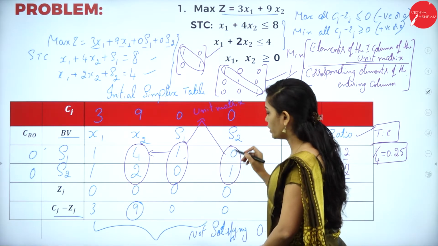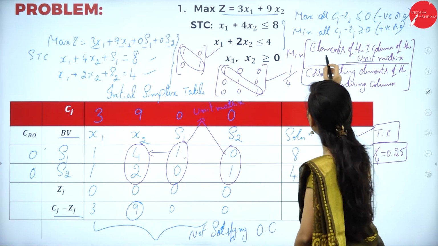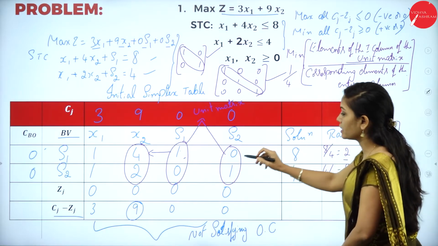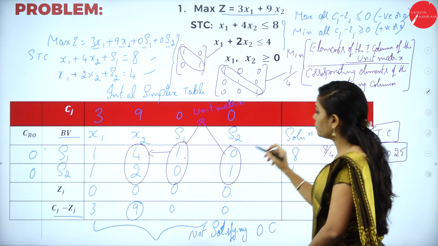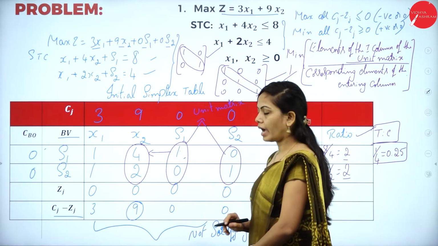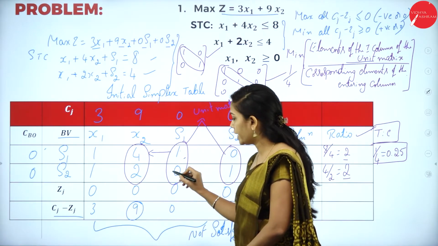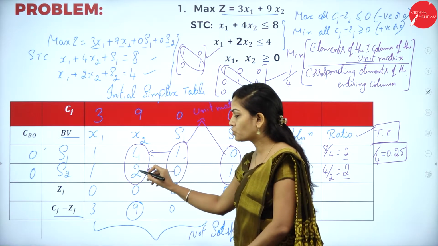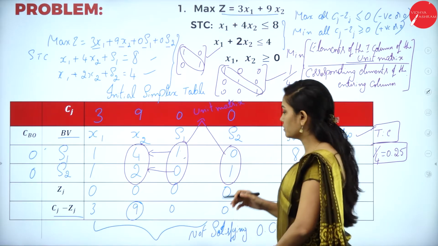And next, the unit matrix again: 0 means elements of the first column of the unit matrix, it is 0, divided by corresponding elements of the entering column, which is again 4. And the next element is 0, the corresponding element of the entering column is 2. So 0 by 2 is 0 only, no need to write that.